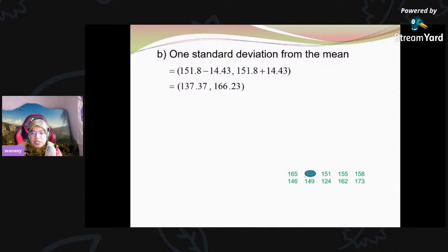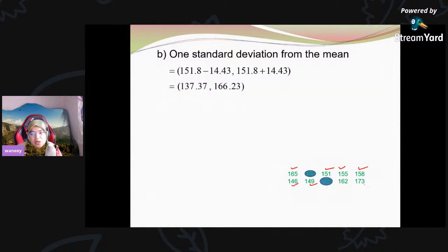Okay, so the first data I have is 135. So this is totally outside of them. And then another one, this one is okay, inside the interval. 151, that is also inside the interval. 155 also inside. 158 also inside. 146, yep. 149, yes. 124, I don't think they are inside the interval.